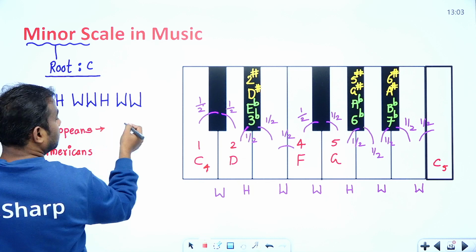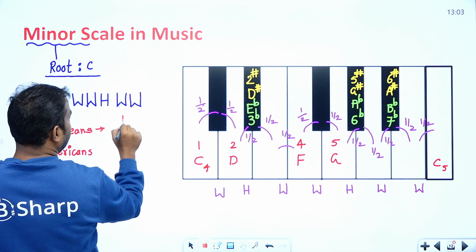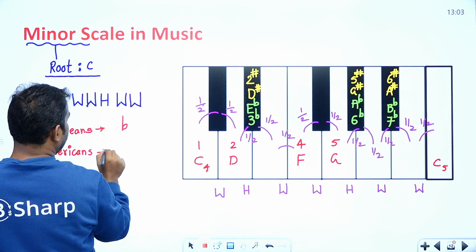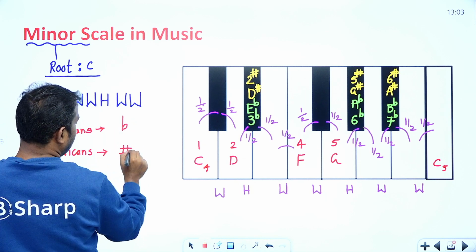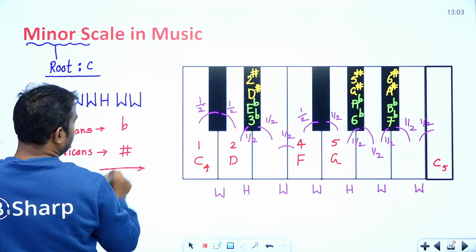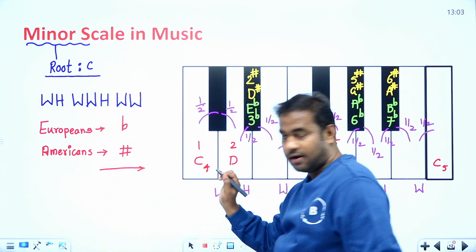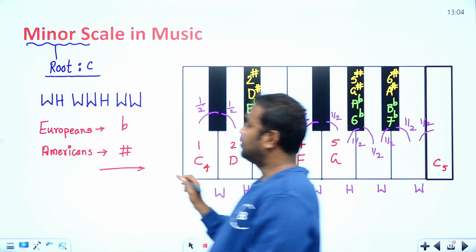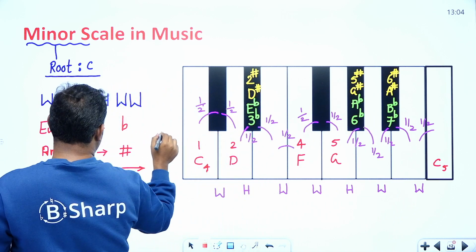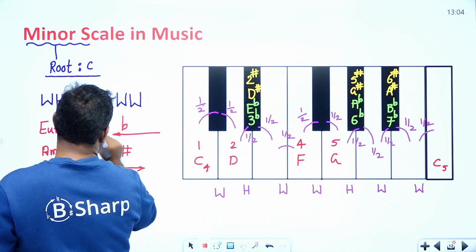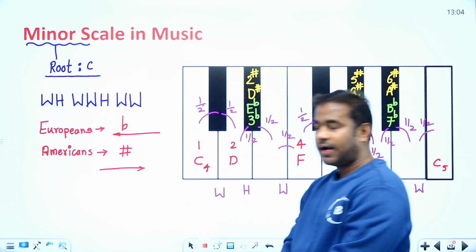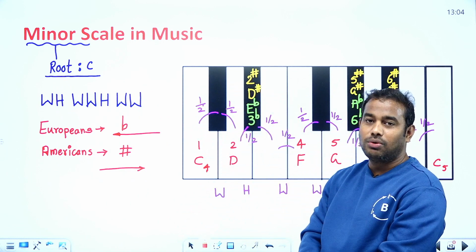Europeans usually follow any key note with a flat system, whereas Americans follow a sharp system. They give the notations from left hand side to right hand side, while the Europeans generally take the notes from right hand side to left hand side. So that's the only difference.